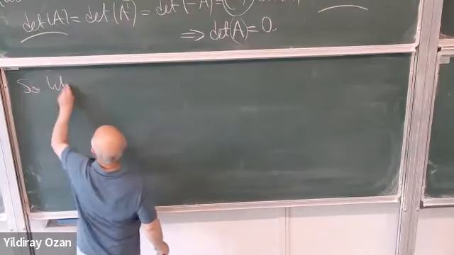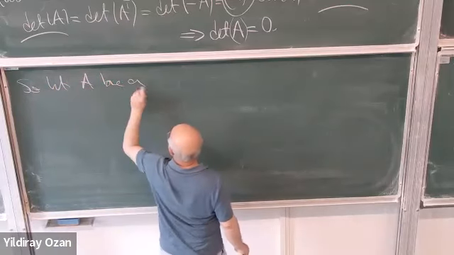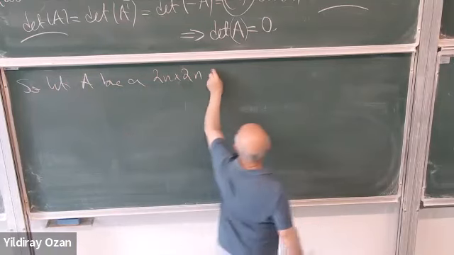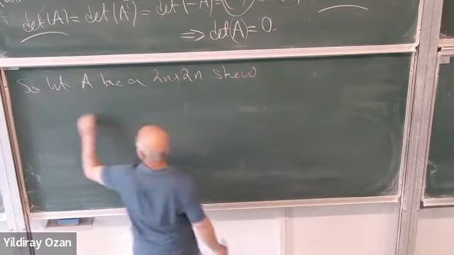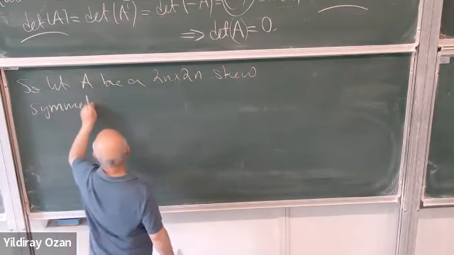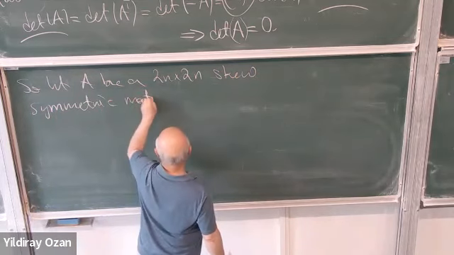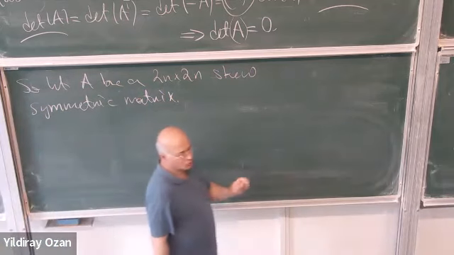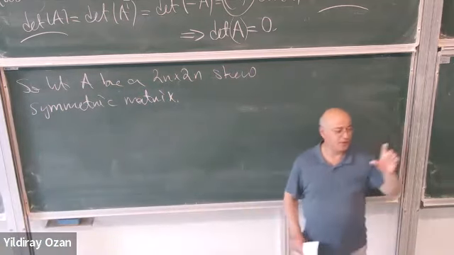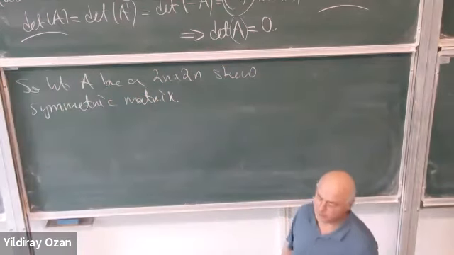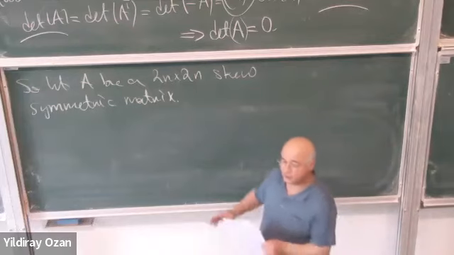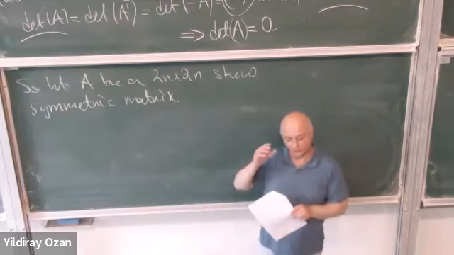Okay, so let A be a 2n by 2n skew symmetric matrix. And in geometry also, usually all these matrices are even dimensional matrices. They are related to the so-called curvature tensor.